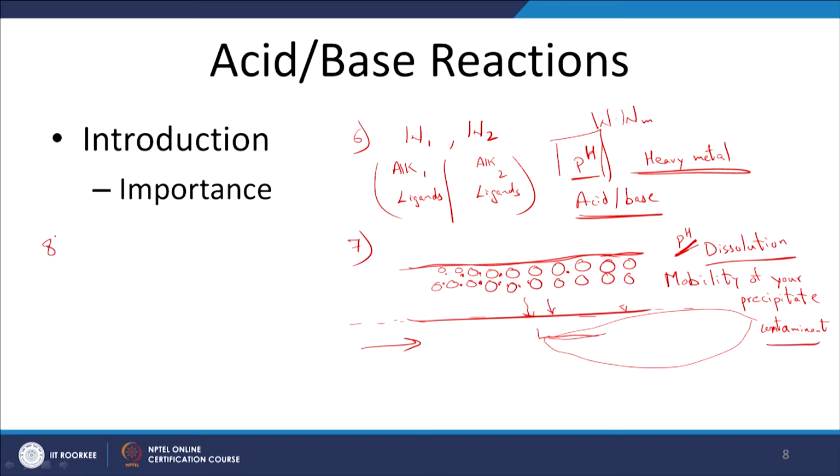Let us look at the last aspect maybe. What else can I look at? Let us say there is rainfall, and I will try to relate that to this example here. This is my soil, and for example it comes in contact with rainfall, and let us say the pH of that rain droplet is a particular value, and this will be after equilibrium with your particular constituents in the air.